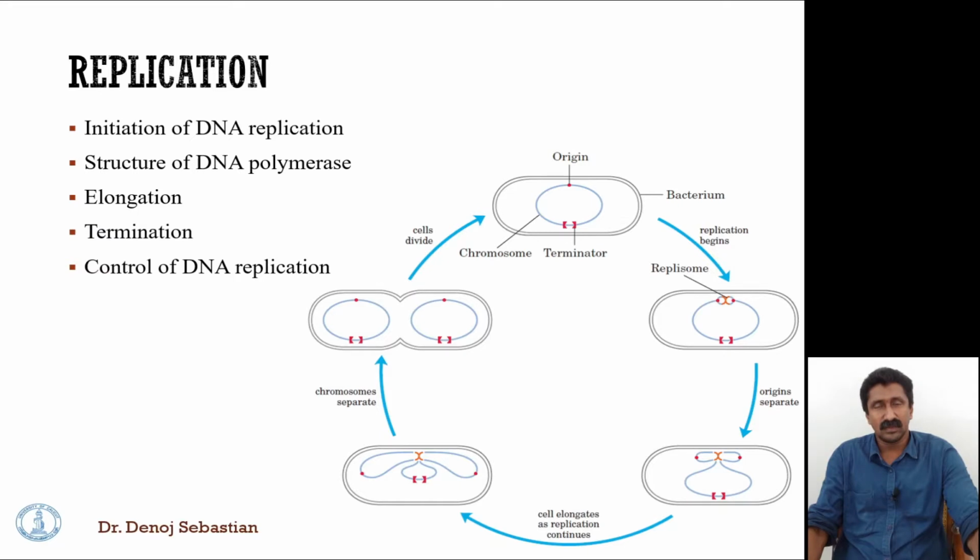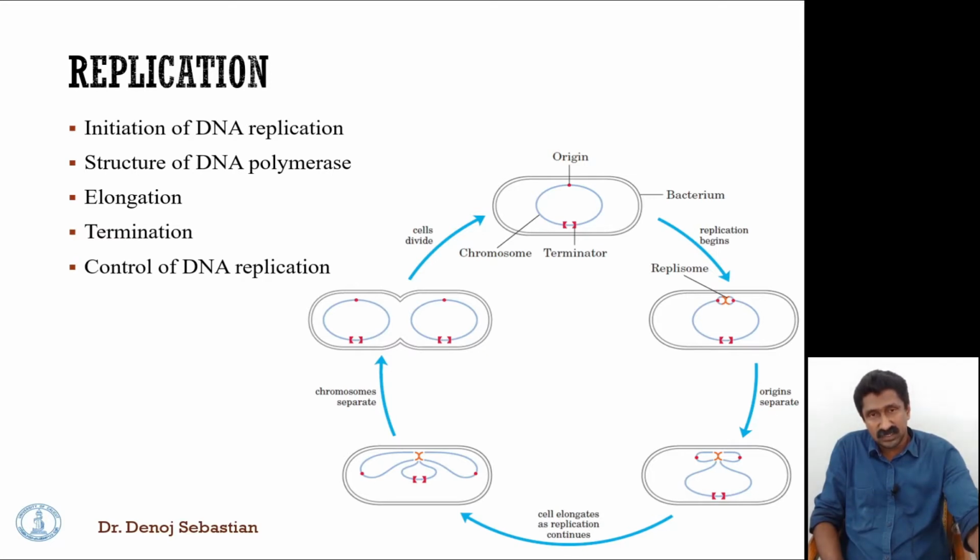In E. coli we learned it as ORI-C, and there will be a termination sequence on the other side of the circular DNA, a termination site in which the DNA actually terminates during the replication process.